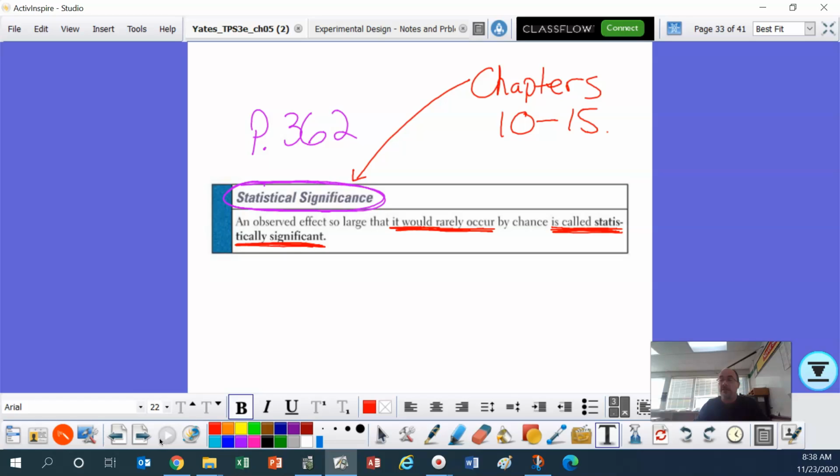So there are other things that we have to build up to before we get to something that is statistically significant. Okay, it's an observed effect so large that it would rarely occur by chance. That is what was called statistically significant. Okay, and again, they're using all of this right now with all of the vaccines they're trying to develop for COVID.